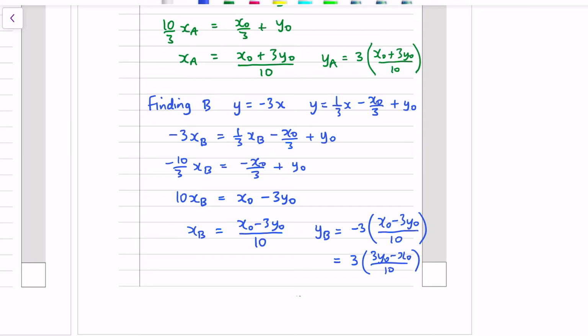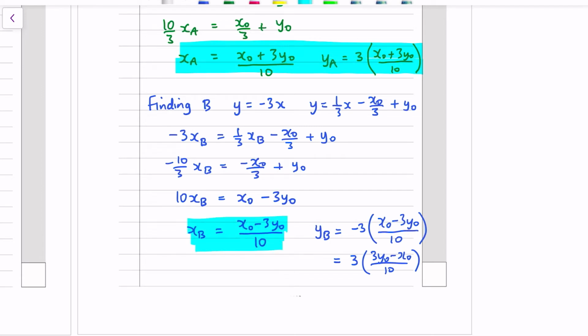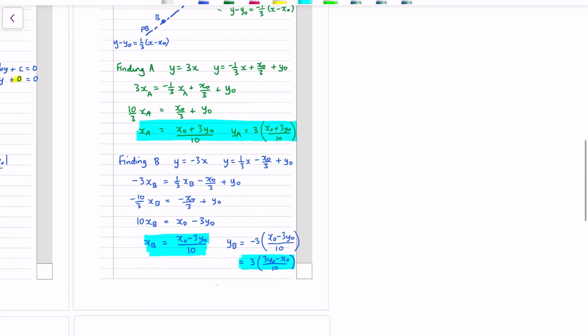Okay, so we've now got the coordinate xA, yA up here, and we've got the coordinate xB, yB, and now we need to use these to find the lengths AP.